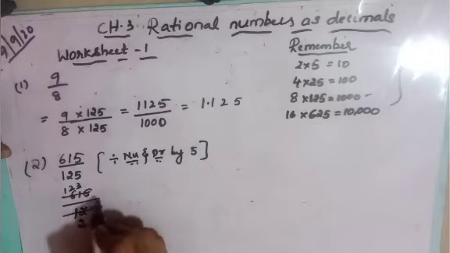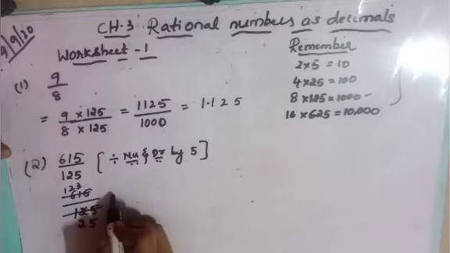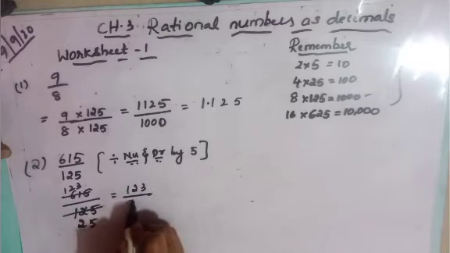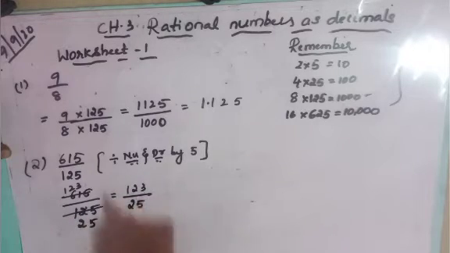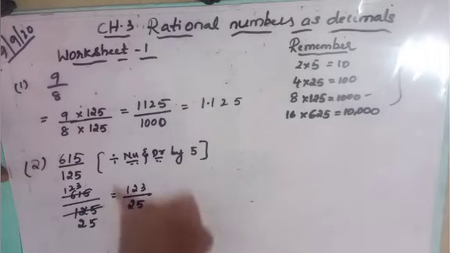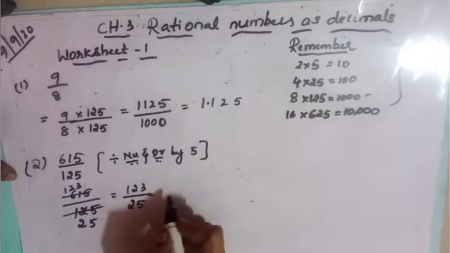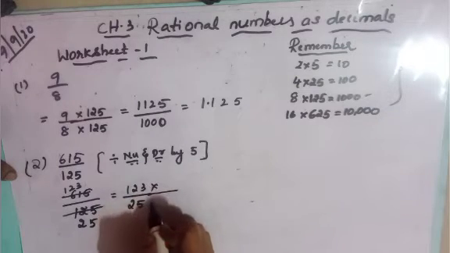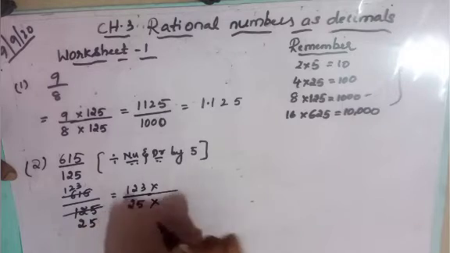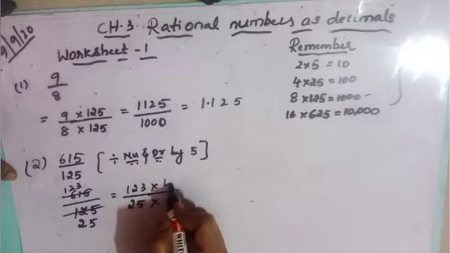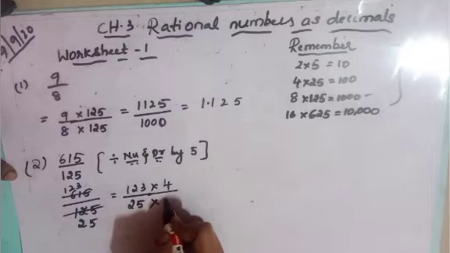So when we divide with 5, what will be the answer? 123 divided by 25. So we brought 615 divided by 125 into the simplest form. So now let us convert the denominator into the powers of 10. So if it is 25, we have to multiply with 4. So multiply numerator and denominator with 4.